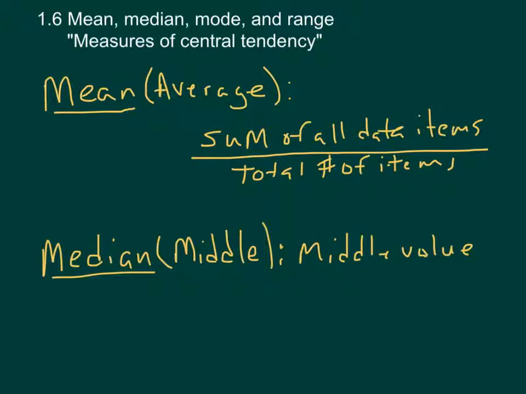The middle value of that set of numbers when I put them in order from least to greatest. And if I did have an outlier, this is the one I would use. For instance, in my classroom, if I had the one 7 foot tall student and everybody else was 5 something, rather than use the mean, I would go and use the median.